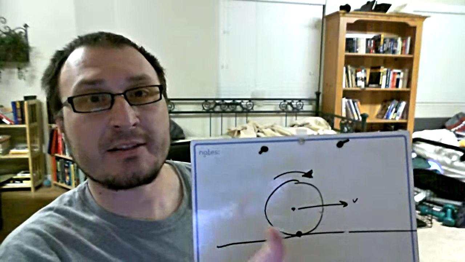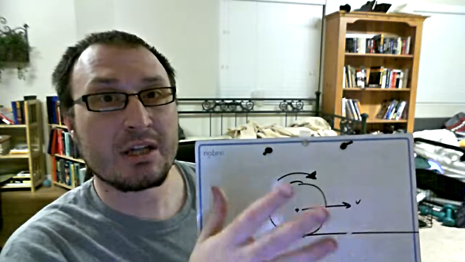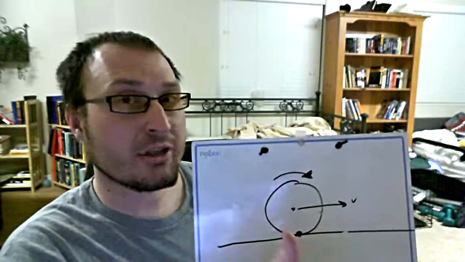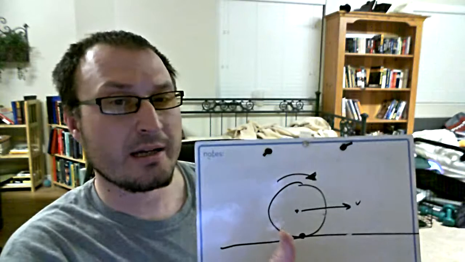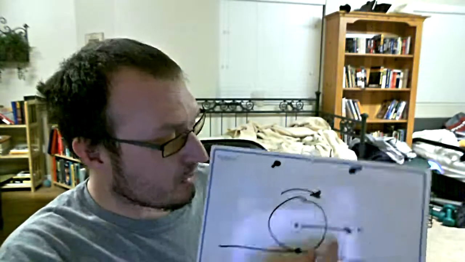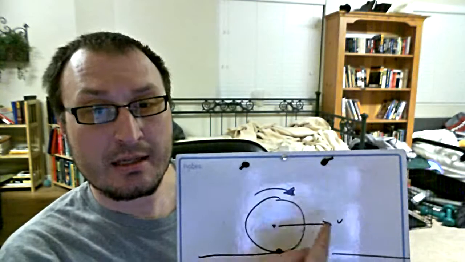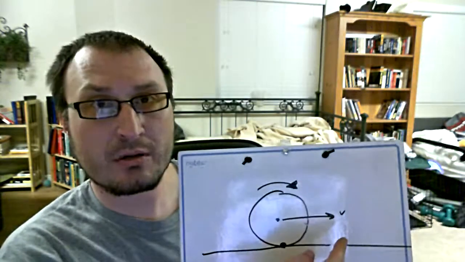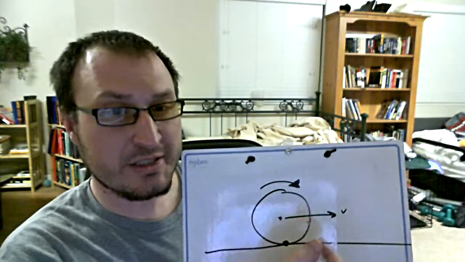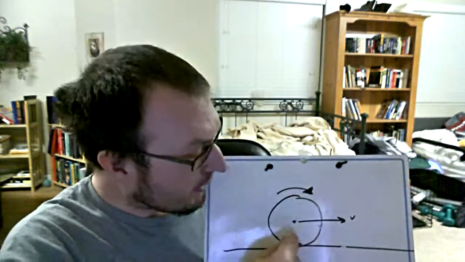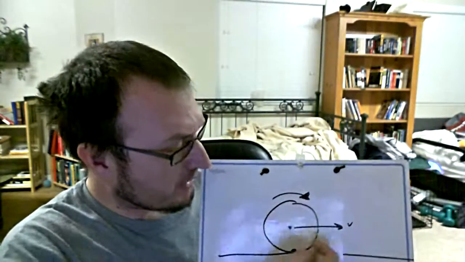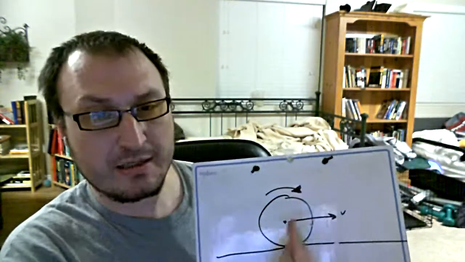Yes. A physicist knows that when something is changing its direction, it is accelerating. And in the case of anything that's going around in a circle and maintaining a constant speed, it's what we call a centripetal acceleration, a center-seeking acceleration. And so every point on this cylinder is in fact accelerating towards the center.